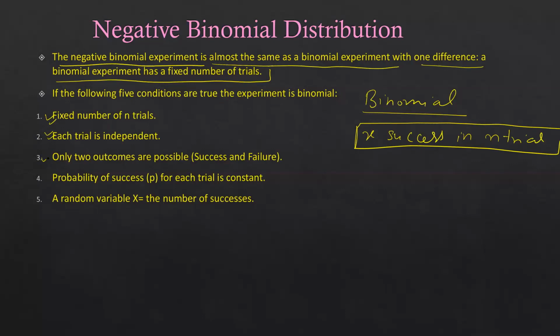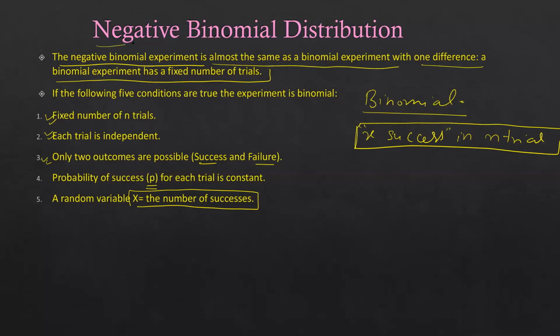And we have only two outcomes, that is success and failure, where P is the probability of success, and X is a random variable which represents the success, as I have written here. X success in N trial gives the binomial distribution.